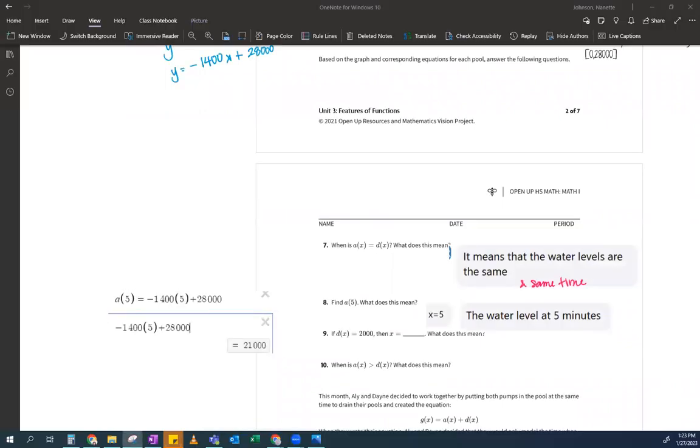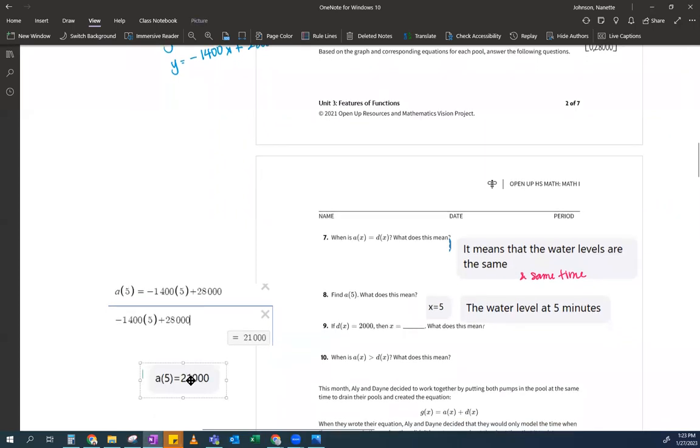A of 5 equals 21,000. So what does this mean? According to this person, the water level at 5 minutes is 21,000 gallons. Everybody okay with that? Another way to write this is this. This is what you guys are more used to.